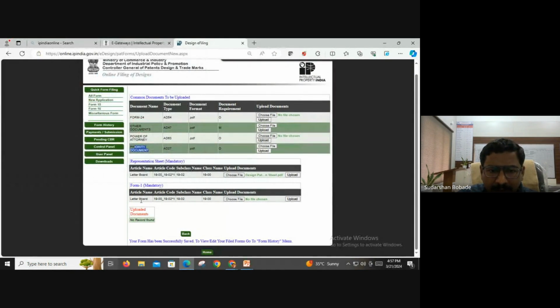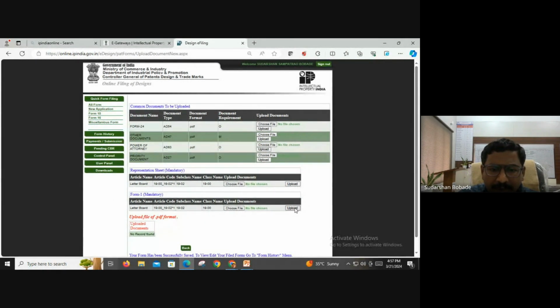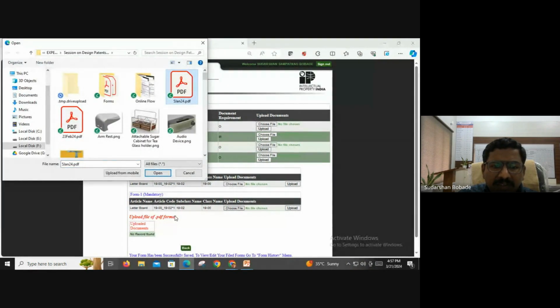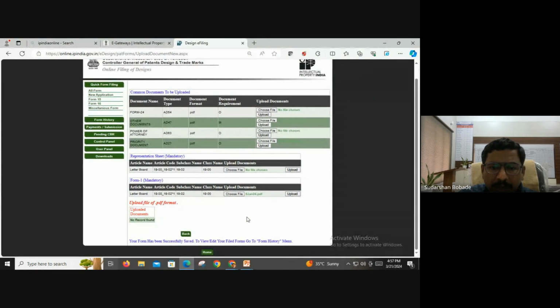I have applied it over here. Now Form number 1. Suppose I have taken the printout and I have Form number 1 with me, then I can just choose the file and upload it. Once the file has been uploaded over here, you go back to the portal.